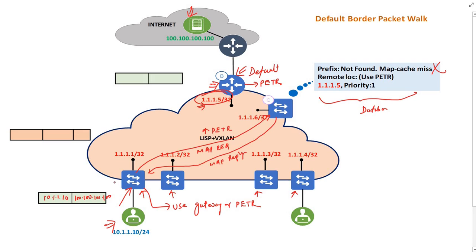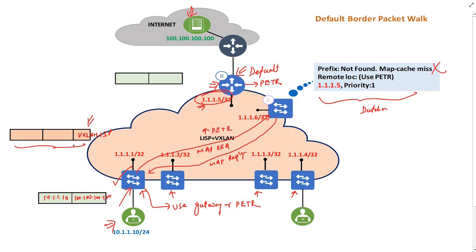Now edge node has all the necessary information to forward this packet to default router. Edge node will slap a VXLAN header on the IP packet it receives from the user and encapsulates it into another IP packet. This is the packet, this one.